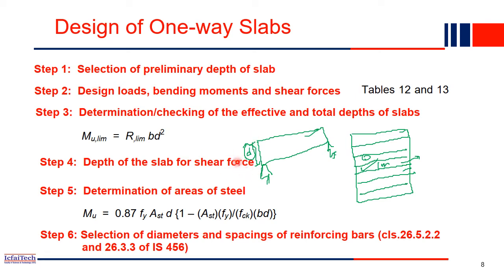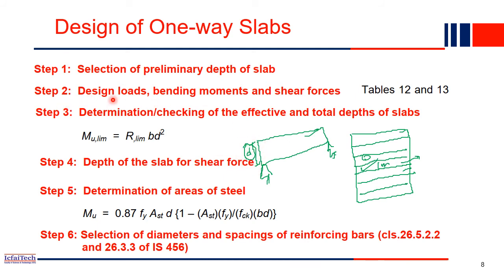So based on our past experience, we choose the initial D, and then we check in the other steps whether our D is sufficient to take care of the loads or not. The selection of preliminary depth of the slab can be done based on our past experience, as well as our code, which gives some effective span by effective depth ratios. Based on that ratio, we can initially assume some D value.